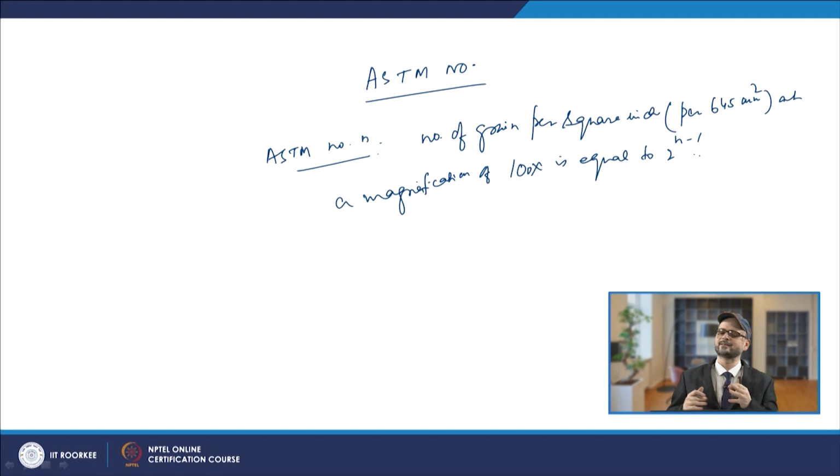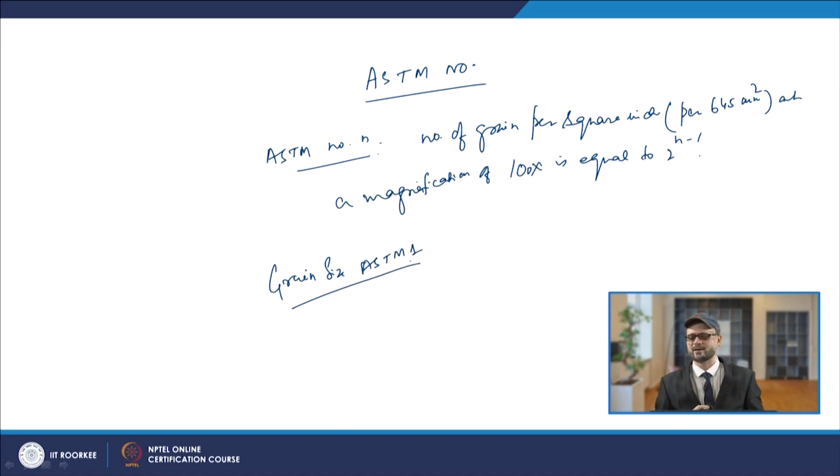If you take any area, you are doing the magnification at 100 by 100, and that too for 645 mm square. If you go for the grain size ASTM 1, it will be 1 grain per square inch. So, 2 raised to the power 1 minus 1 is 2 raised to the power 0, that is 1.